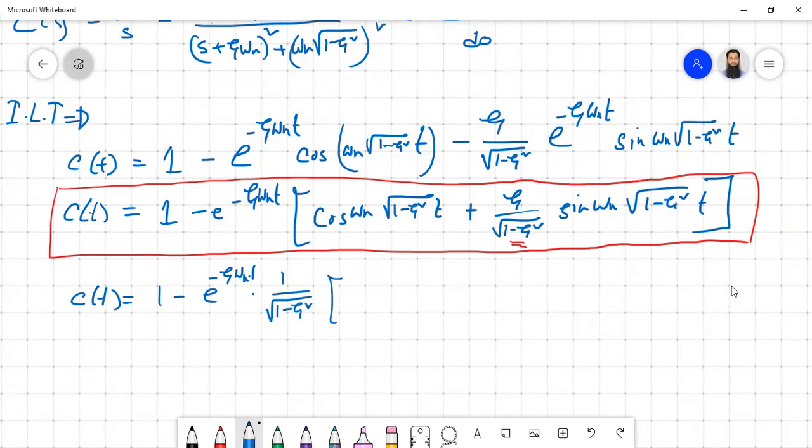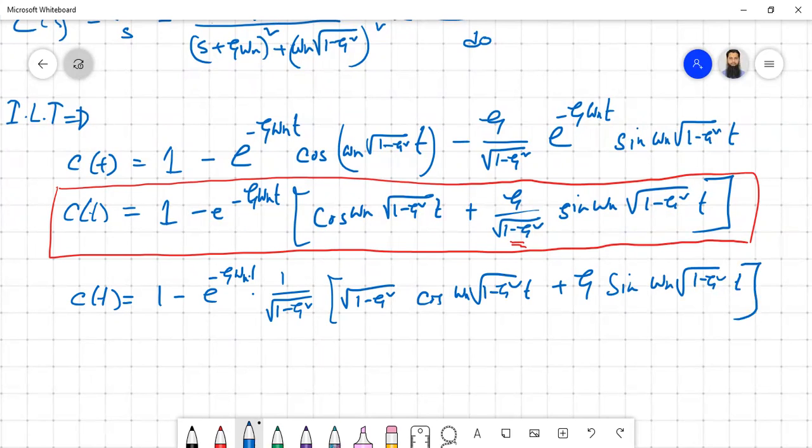Then this thing has to be multiplied, taking common, so it has to be multiplied here, root over 1 minus zeta square, and cos omega n root over 1 minus zeta square t plus zeta sine omega n root over 1 minus zeta square t. Okay, so this parameter can be considered as A, this parameter can be considered as B.